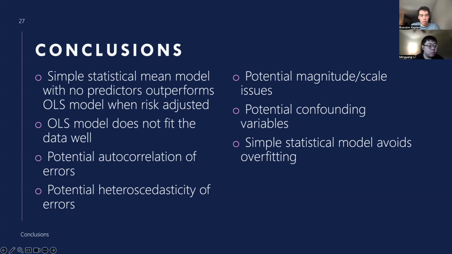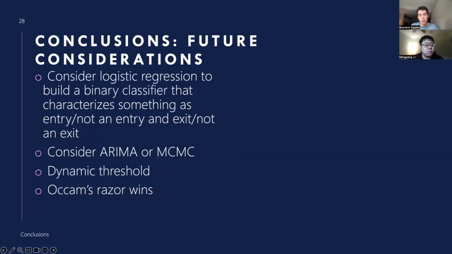So now let's look at some future considerations and the rest of our conclusions. One thing to do would be to consider a logistic regression that might fit this data better if the underlying relationship is not that linear, to build a binary classifier that characterizes something as an entry or not an entry and an exit or not an exit.